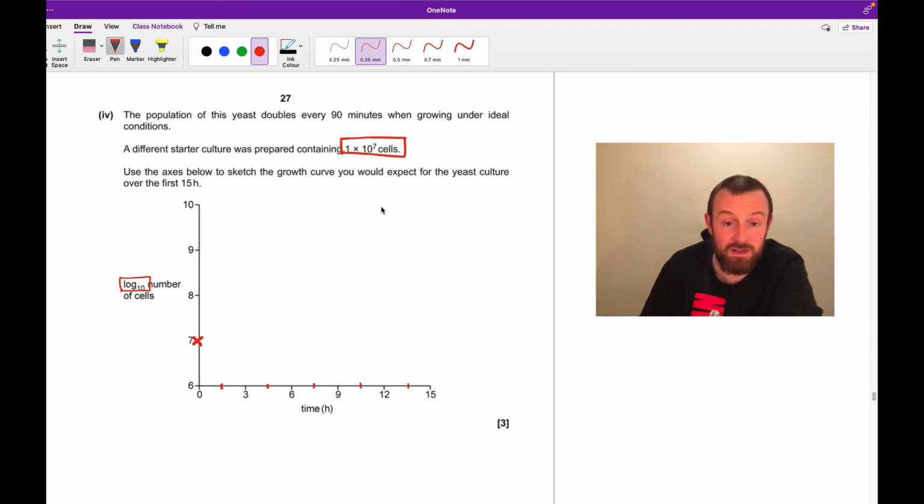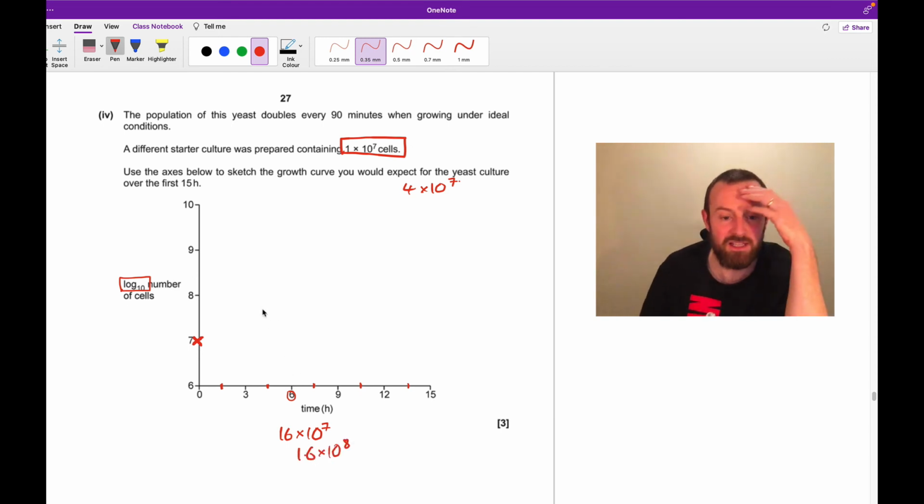And then 4 times 10 to the 7, 8 times 10 to the 7, and then 16 times 10 to the 7. Now that we could actually write as 1.6 times 10 to the 8, couldn't we? So we're in the 8 range and we're probably up here somewhere.